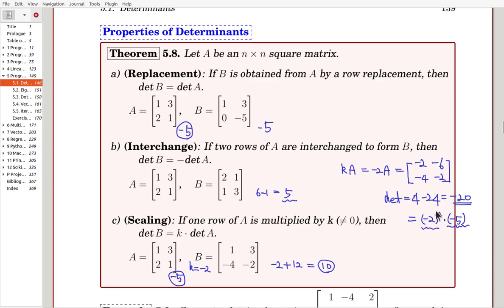The reason we are putting it this way is that -2A is the same as, from the original matrix A, we multiply -2 to the first row, and one more time -2 to the second row, so that -2 squared.